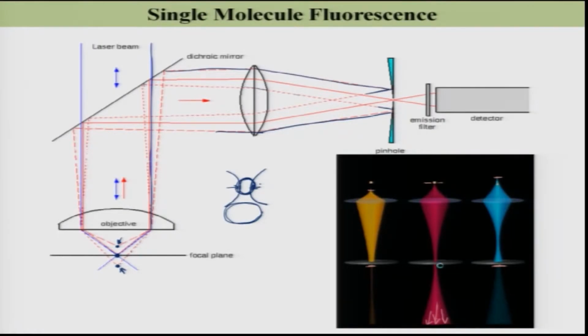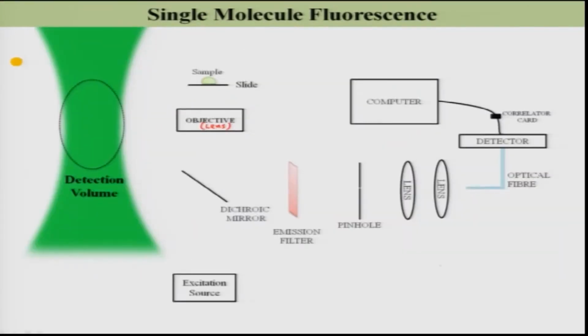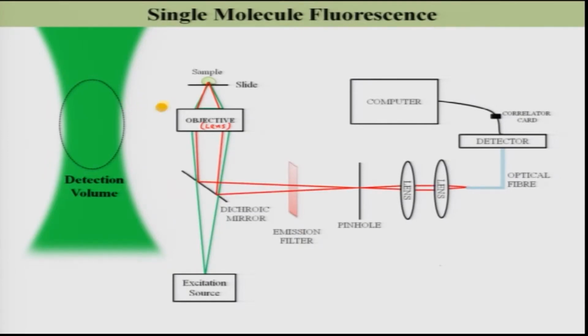Now I will go back to my animation. Once you excite, your molecule will start moving, because the molecular motion is random, it is a Brownian motion. Once it enters over here, the signal passes through the pinhole and reaches the detector.